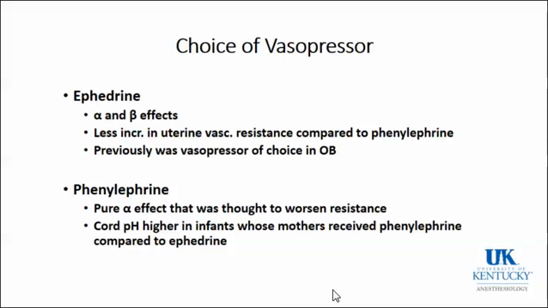There's significantly more placental transfer of ephedrine, and in the fetal effects, it's more of an increase in the fetal metabolism that leads to that decreased umbilical artery pH in babies whose moms were given ephedrine. So even though phenylephrine causes more increase in uterine vascular resistance, it is preferred because of the direct fetal effects of ephedrine.